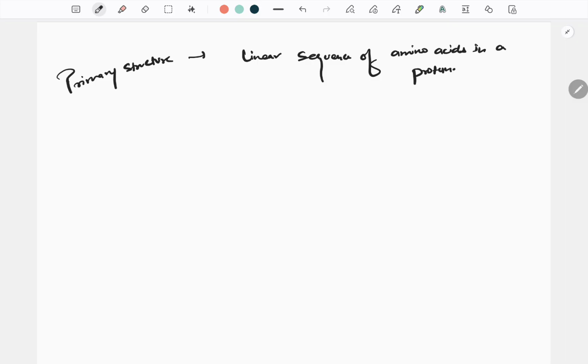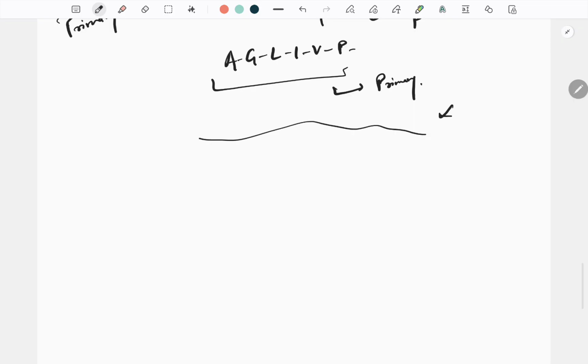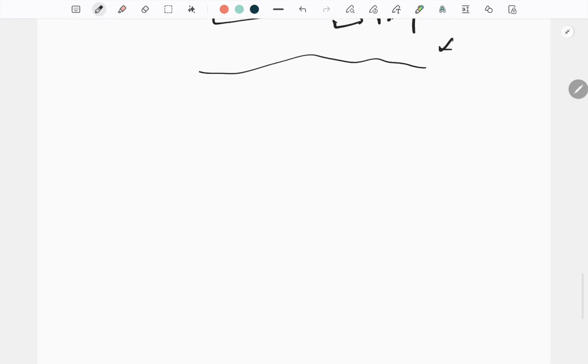So for example, we have studied alanine, glycine, leucine, isoleucine, valine, and let's suppose phenylalanine, stuff like that, right? So this structure is called primary structure. Okay, so these are simply linear chains. If I have to draw a basic structure, it will be like this. So simply a thread-like structure is your primary structure, right?